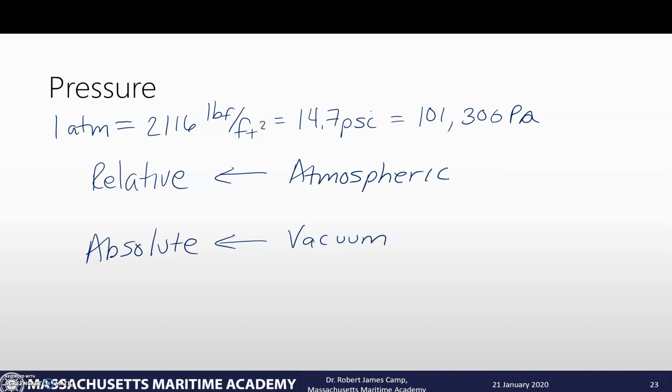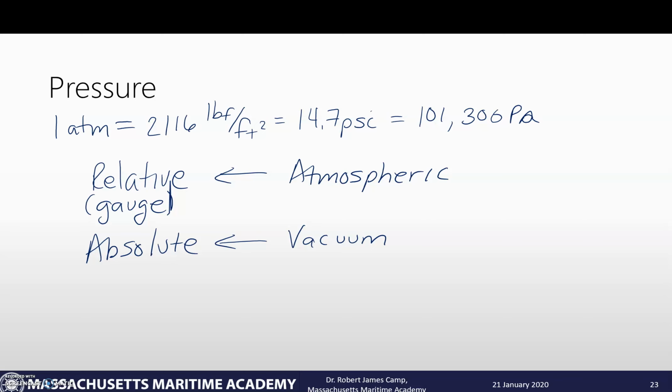So the relative pressure, or what's called the gauge pressure, is called gauge because it's what's read off most gauges. It compares the pressure that you're at currently to whatever atmospheric pressure is. So here at sea level, our gauge pressure would be 0, and the absolute pressure would be 14.7 psi.